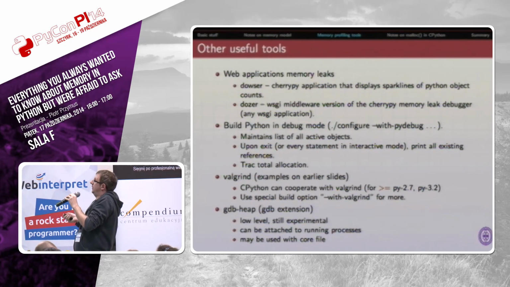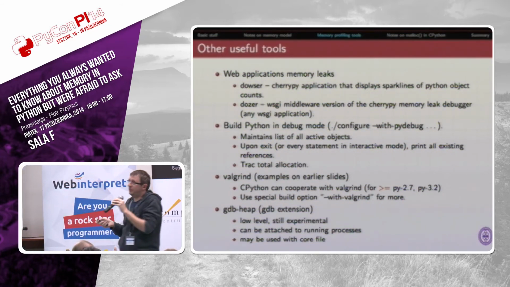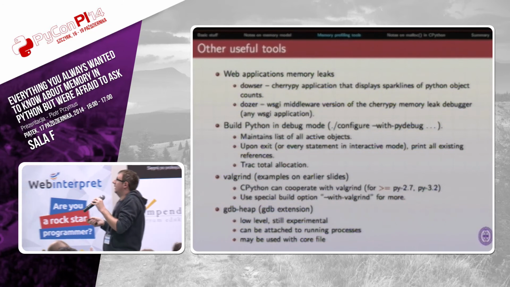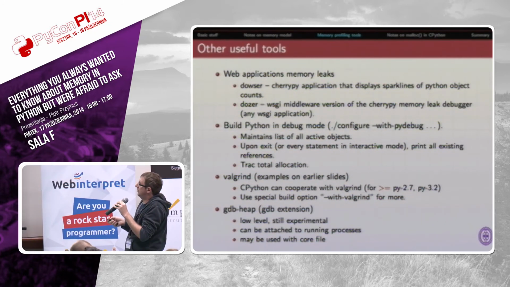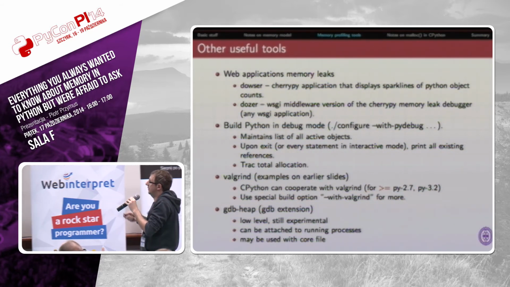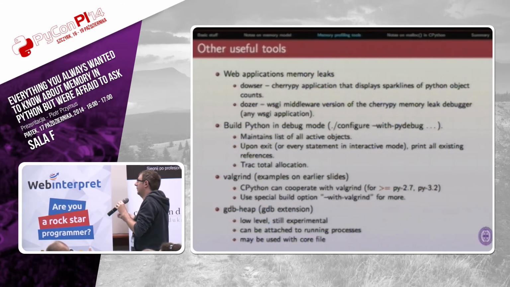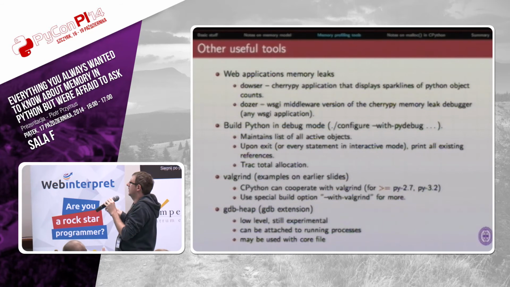There are, of course, many other useful tools. You can actually use Dozer for web application development. There is also an option to build your Python in debug mode. If you set something like this, then you can actually attach a debugger to your process.